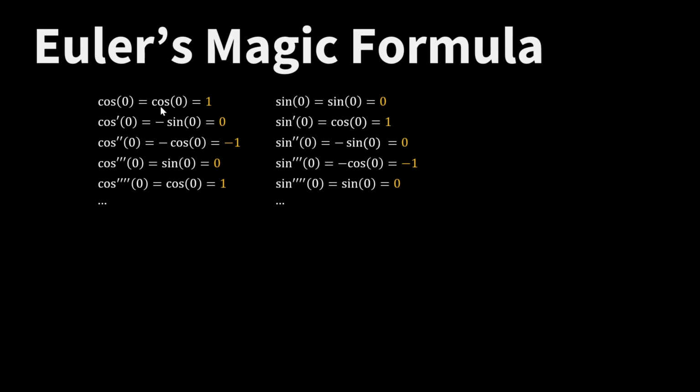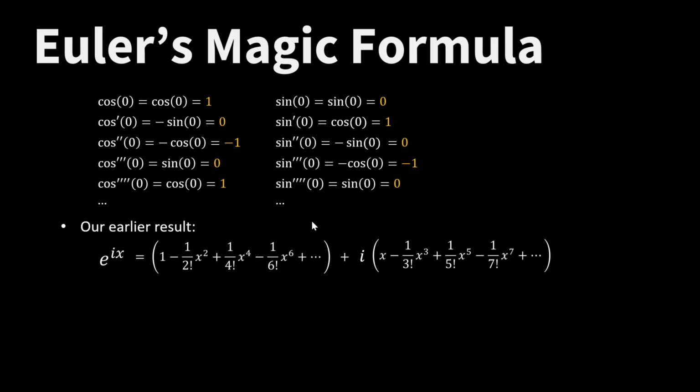Now we simply take derivatives. The derivative of cosine is minus sine. The derivative of minus sine is minus cosine. The derivative of minus cosine is sine, and the derivative of sine is cosine. Now we simply plug these values in and get 1, 0, minus 1, 0, 1. The same for the sine function.